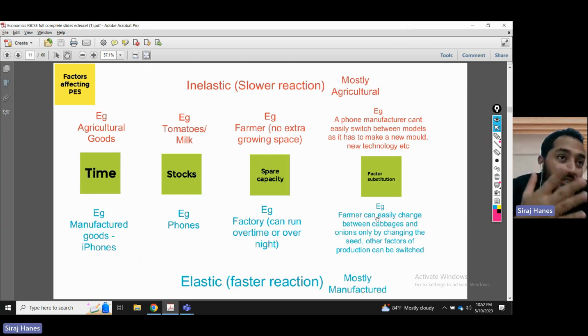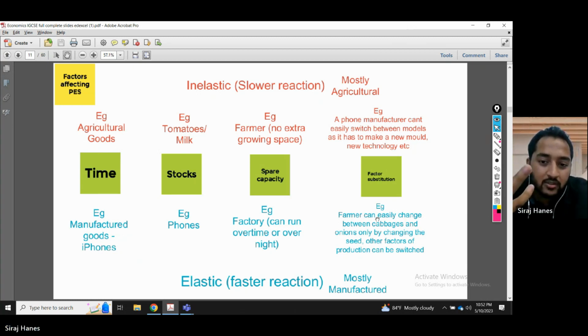If you see the prices rising for cabbages, you will quickly switch to cabbages. Why? What do you need to grow cabbages? Same thing. Water, sunlight, fertilizer, soil. The only difference is the seed. The factor substitution is so easy. So you'll substitute. It becomes more elastic because you can react.